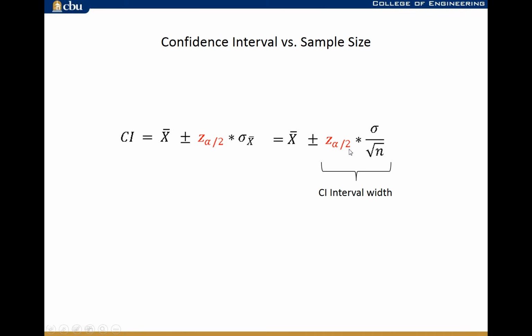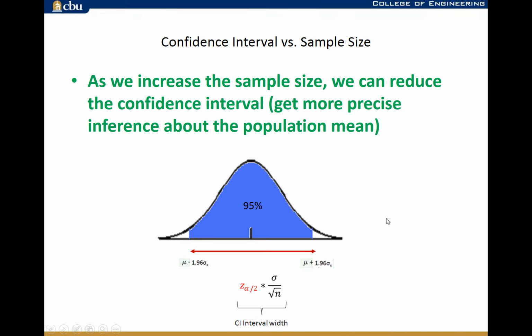The second one is based on your standard deviation divided by your sampling size. So when we increase the sampling size, we can reduce the range, because this becomes larger, the whole term becomes smaller, and then this range can be smaller.